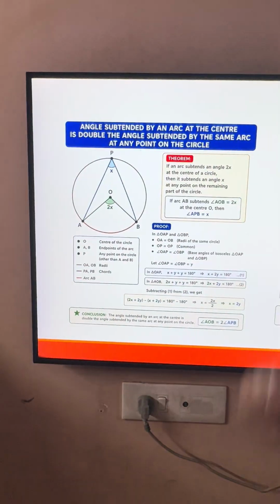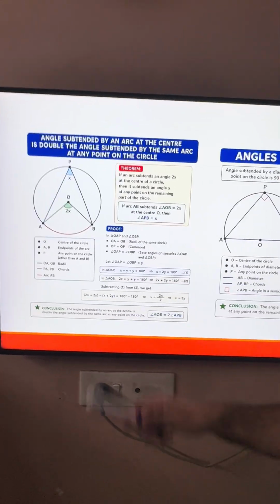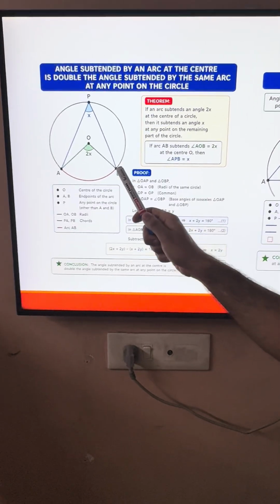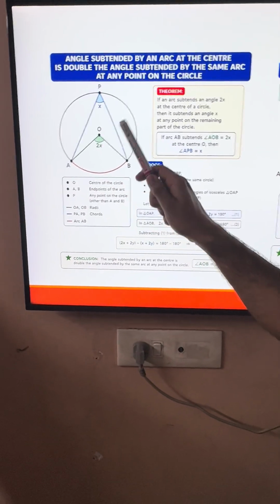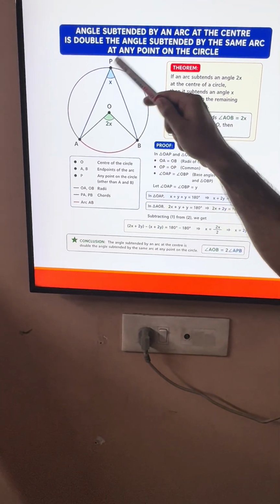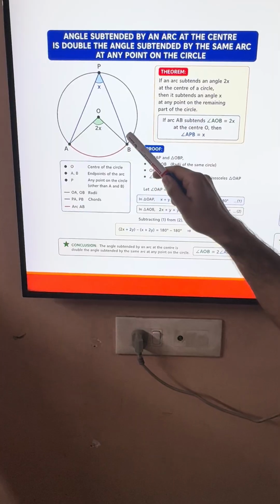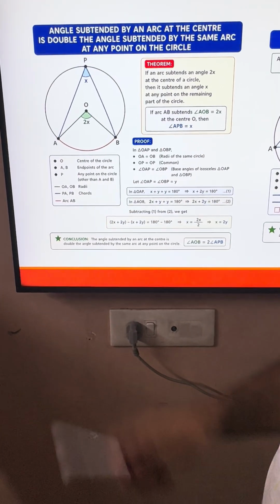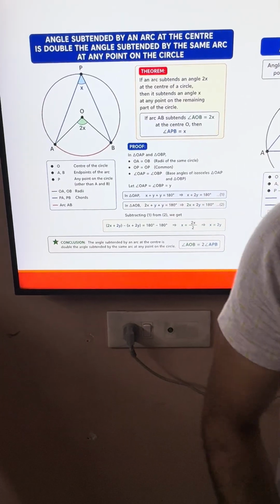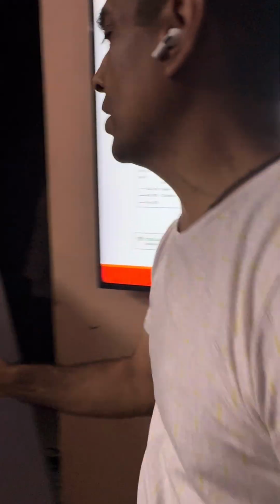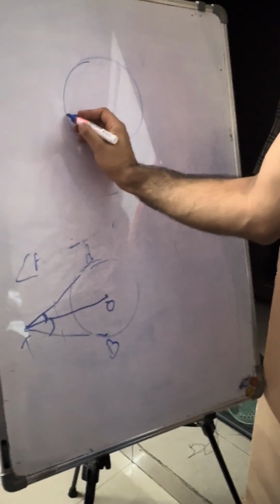Again, the angle subtended theorem. I hope you remember, you did it in class 9. The angle subtended by an arc at the center is twice the angle subtended by the same arc at any point on the circle. So angle AOB is twice the angle BPA, and again it stays valid for any arc.